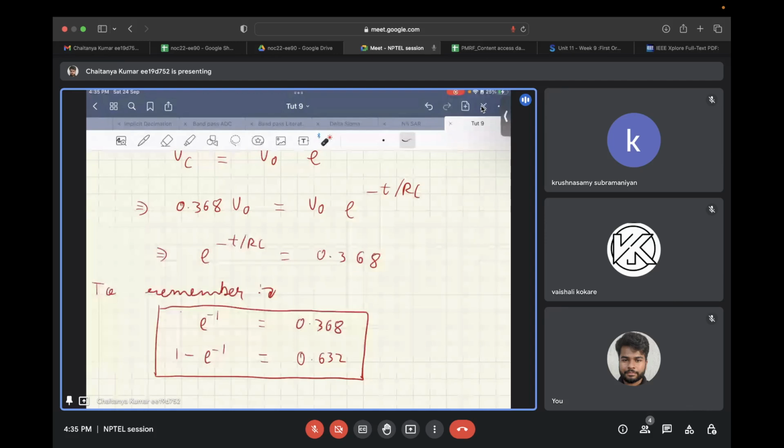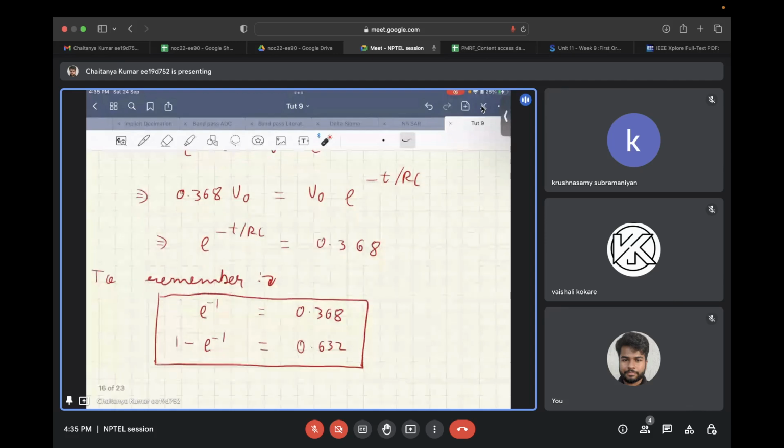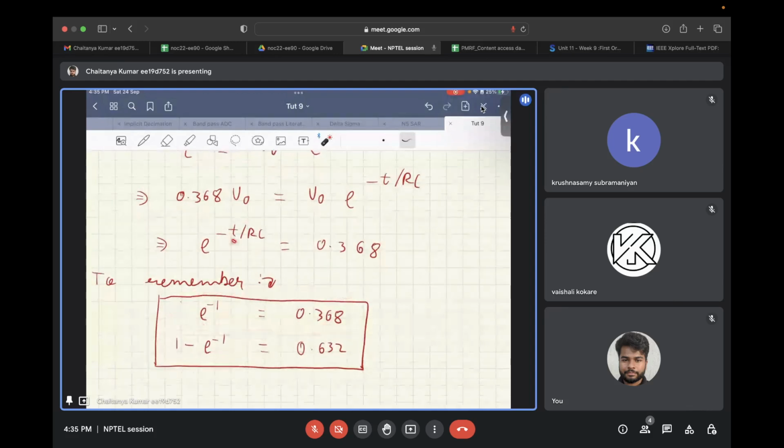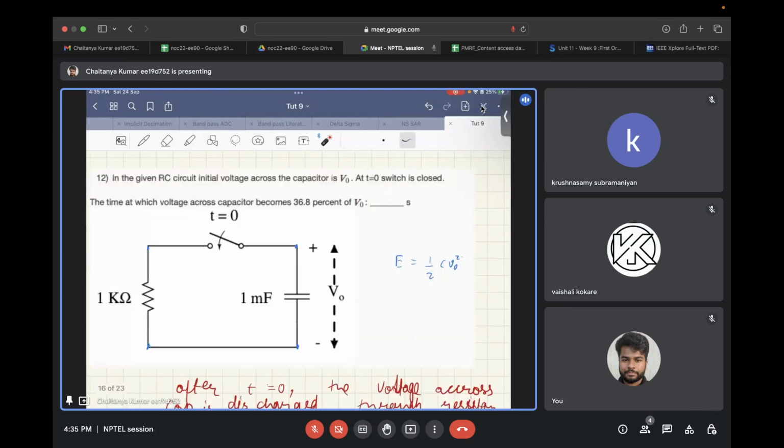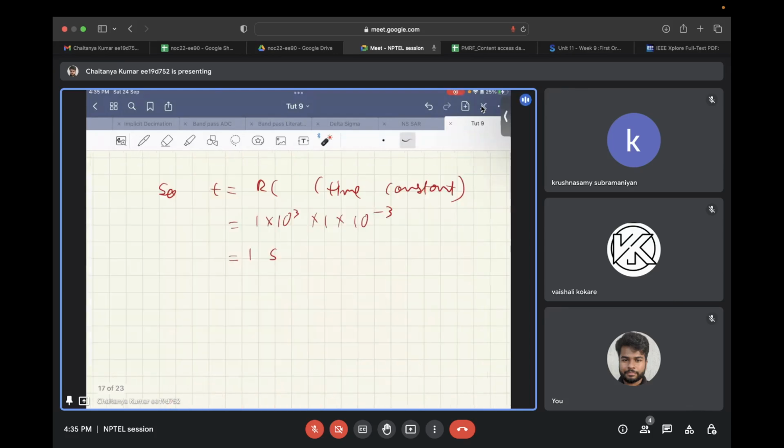Now, from this value, you get that t by RC is equal to 1, so t equals RC. So within one time constant, and the time constant of the circuit is 1 kilo ohm into 1 millifarad, that is 1 second. So within 1 second, the voltage of the capacitor will drop to 36.8% of the original value. This is how you needed to solve this question.